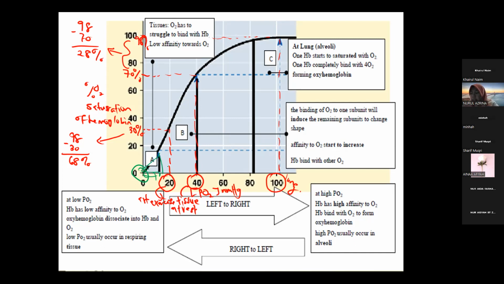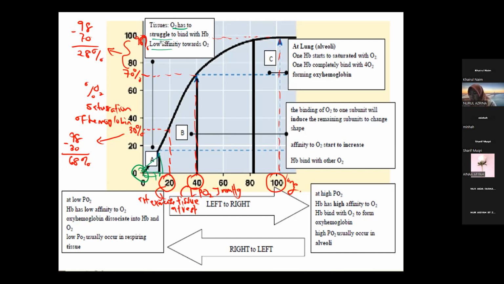Alright. So at this partial pressure, oxygen struggles to bind with hemoglobin. Remember, hemoglobin molecules are very tight. Dia belum terbuka lagi macam tu. Dia masih macam seolah-olah sangat ketat lah. In other words, they have very low affinity towards oxygen. Kecenderungan dia terhadap oksigen sangat-sangat rendah.